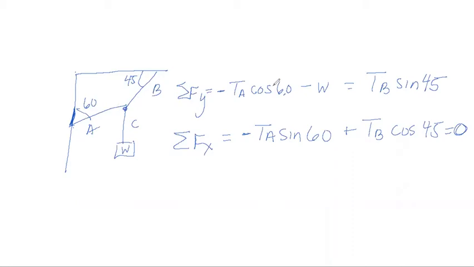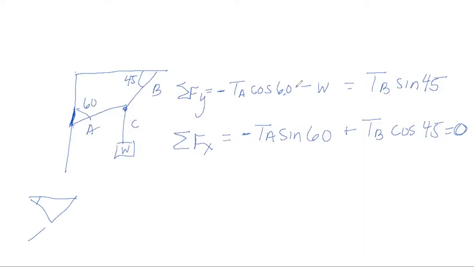Before, we were using the sine of 60 when we had that angle. Now we've got an angle here, so it's the cosine of 60, minus W, because that's the tension in C.